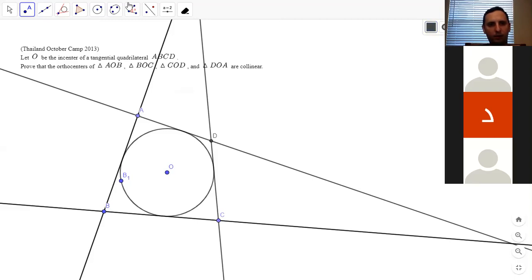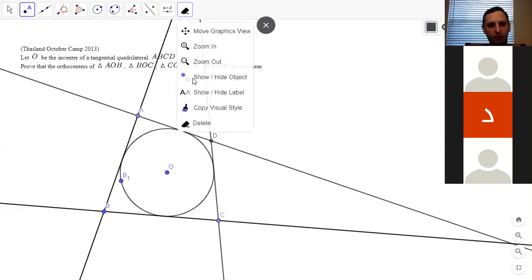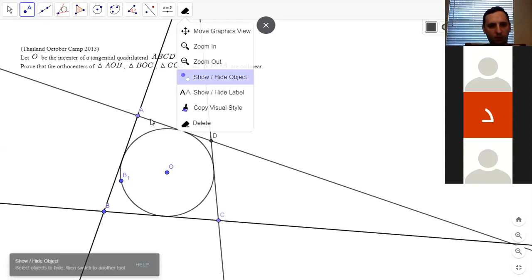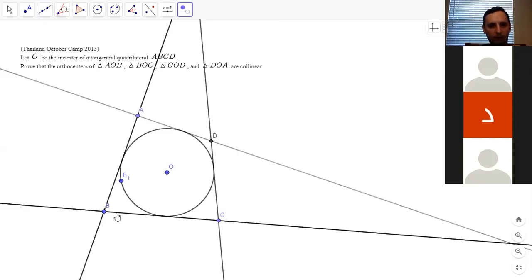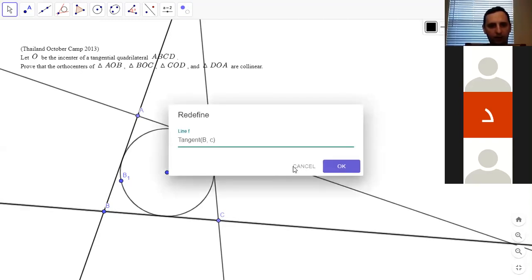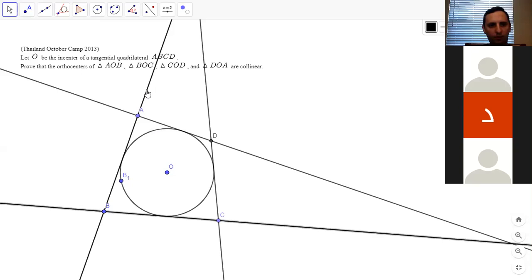May hide some stuff. Yeah, I think I might have to click on things and say to hide it. Oops.